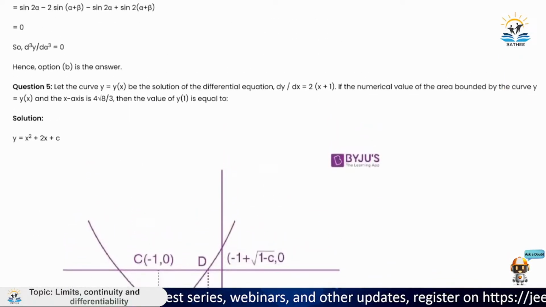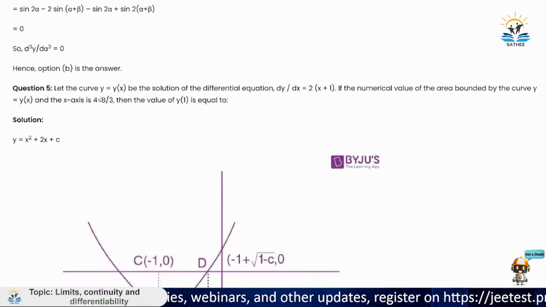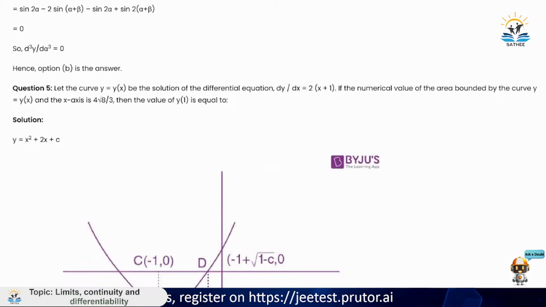Let's do this one. This is also looking nice. So we have a curve y = y(x), and the function is the solution of the differential equation y dy/dx = 2. Okay, we know the differentiation of it. The numerical value of the area bounded by the curve y = y(x) and the x-axis is 4√8/3.